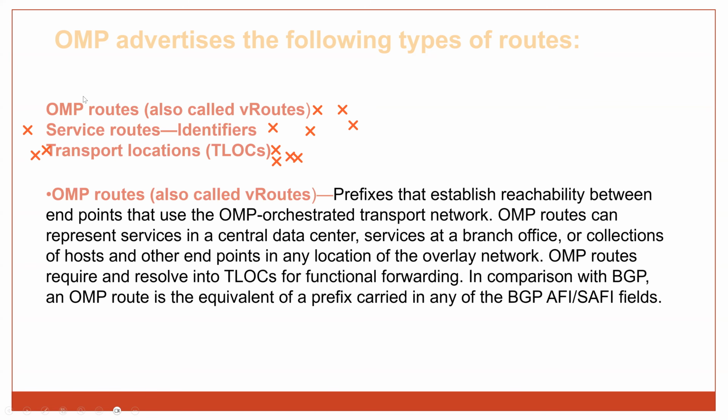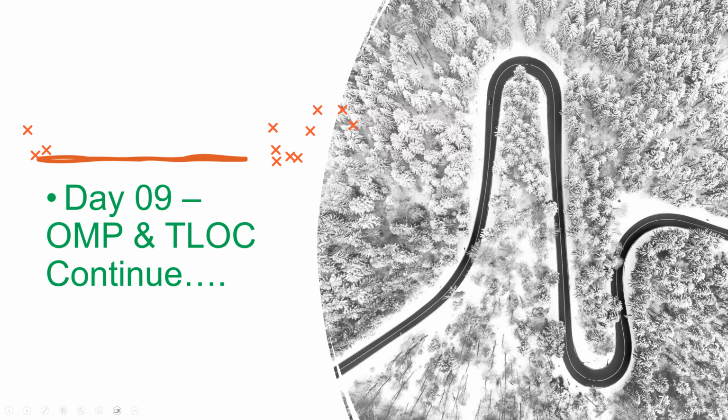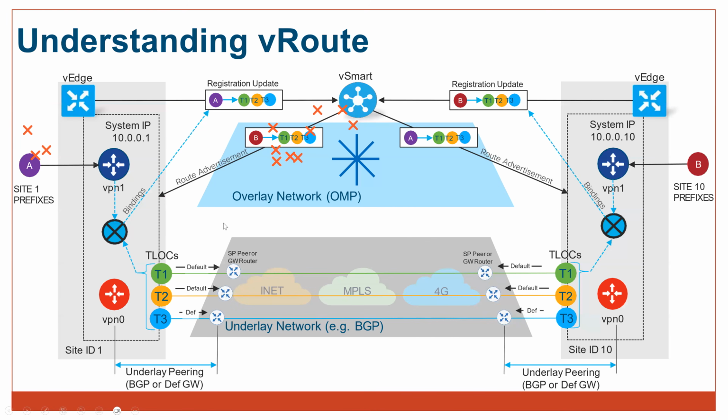Okay. As I told you earlier, today I will explain just one slide. My main focus was just this particular slide, and I don't want to go beyond this for today's session. Let's stick with this. Please go and watch the recording at least one or two times. In the next session, we will work on OMP only, and we have one small lab.